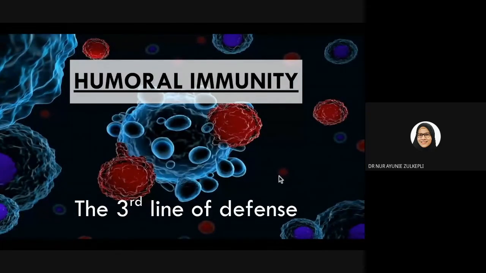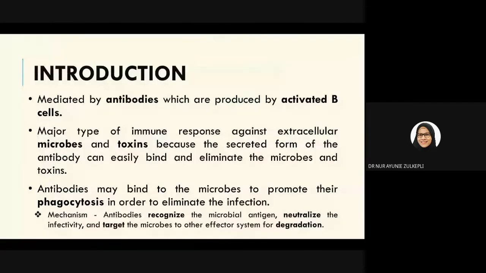Humoral immunity, which is the third line of defense, is mediated by antibodies produced by activated B cells. It usually is involved in the immune response against microbes and toxins that are able to penetrate our body, having already passed the first and second lines of defense.